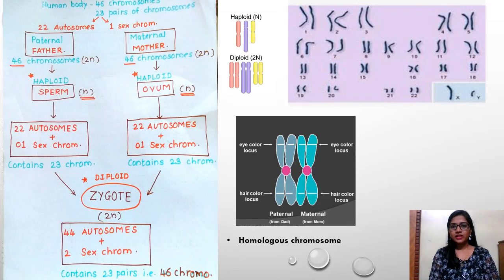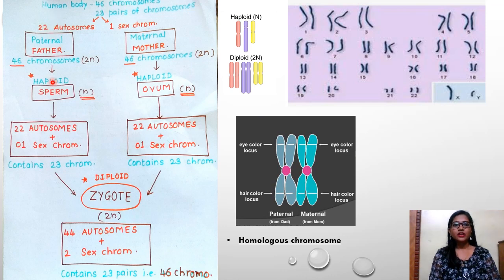In the current slide, we are going to understand how sexual reproduction occurs in the human body. There are a few diagrams on the screen. In this diagram, you can observe that there are 23 pairs of chromosomes present inside the human body.